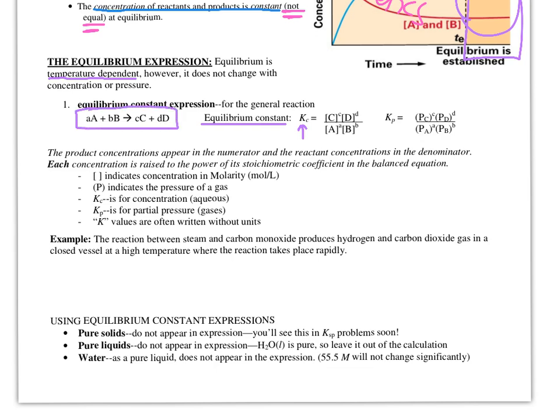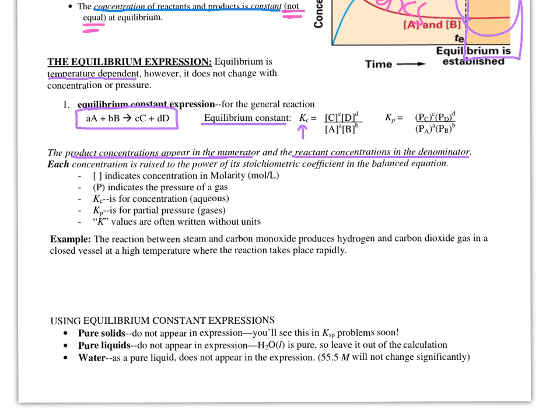Now here's one thing that is very different, okay? In a kinetics equation, we only looked at reactants. In an equilibrium expression, we are actually looking at products compared to reactants. So we include both, okay? In our equilibrium expression, when we write it, the numerator will always be your products, and your denominator will always be your reactants.